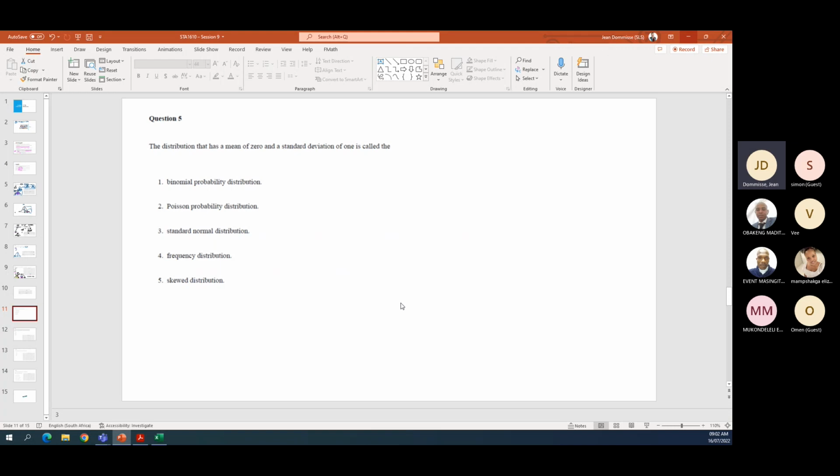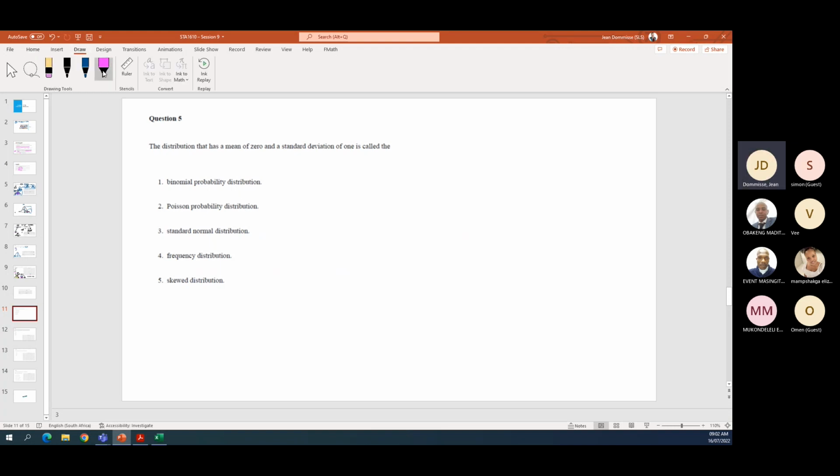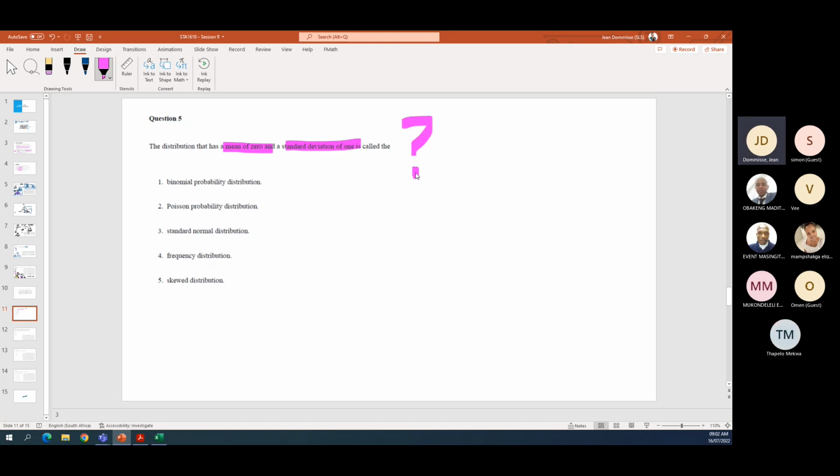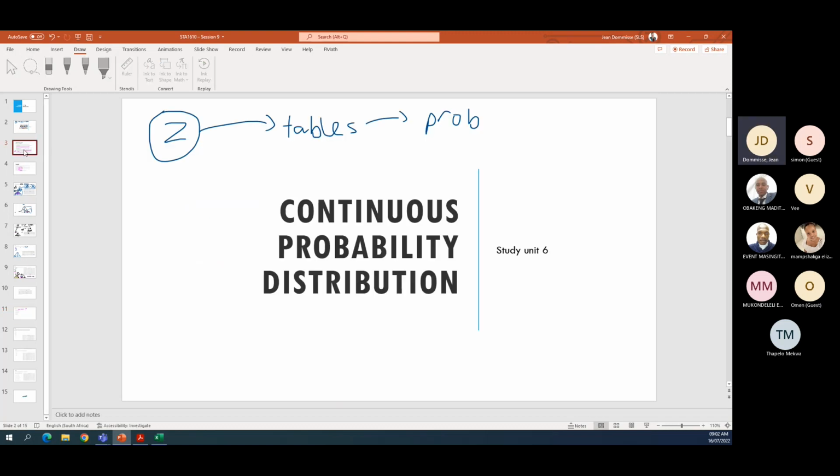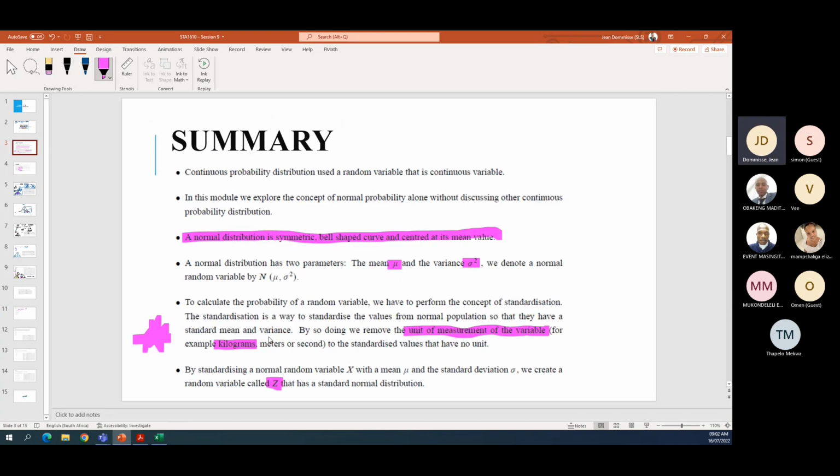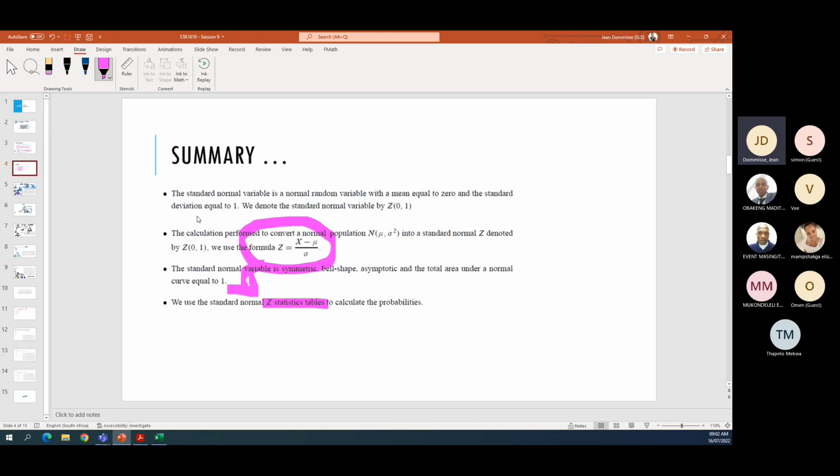definition kind of question. So in this one, they say the distribution that has a mean of 0 and a standard deviation of 1 is called what? Okay, and this is straight from nearly this slide. Let me just quickly see, is it that slide or this one?